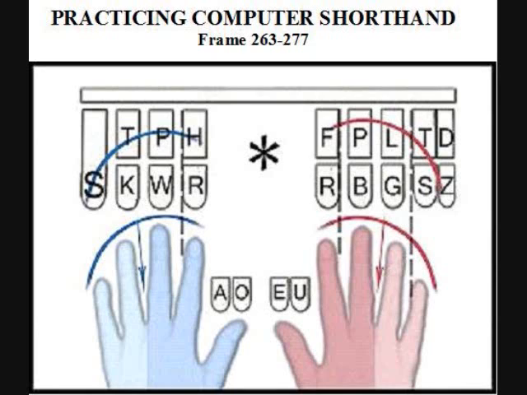Okay, frame 274 is the prefix com, C-O-M, and I just would want to note that many times you can blend this in rather than just writing it out separately.